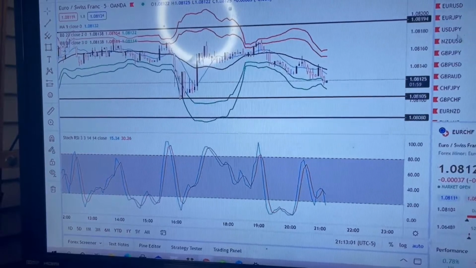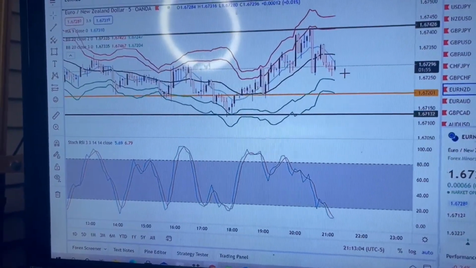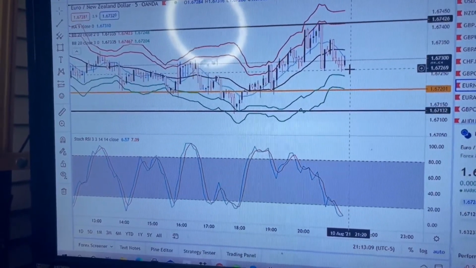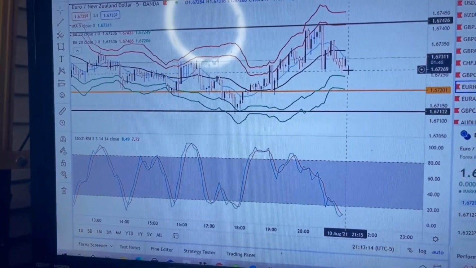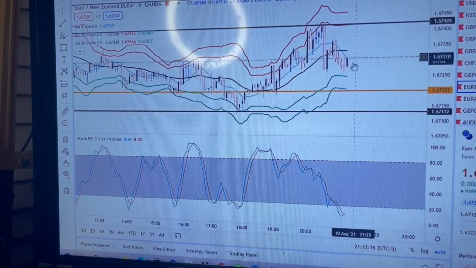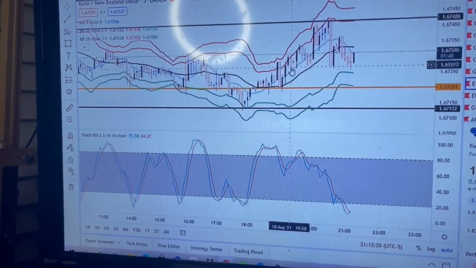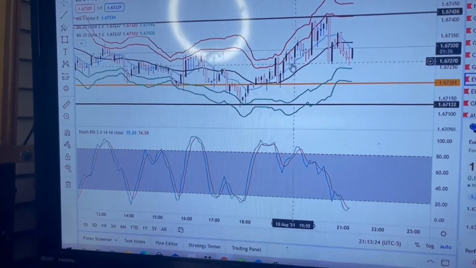So let's go to Euro NZD. Now this one did have a better setup, and it was pretty much the same thing. Like, I didn't have a support line marked up right here, but the euro is much stronger than the New Zealand dollar, and it's still shooting up right now, as you guys can see. But look at the previous areas where it has resisted at or supported at, basically.